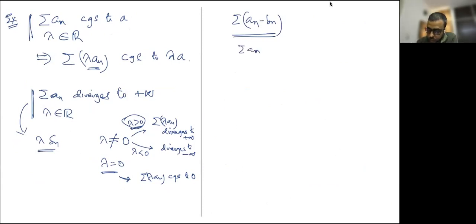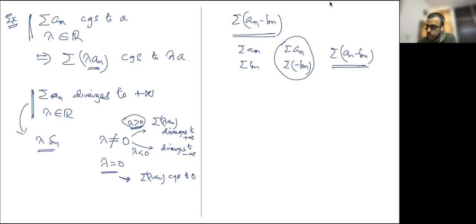Once you know about the behavior of summation an and summation bn, you know about the behavior of summation minus bn, and then you know how this would behave.